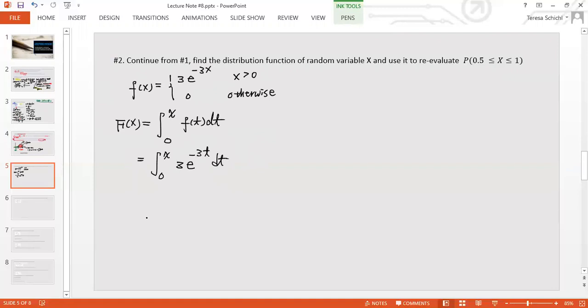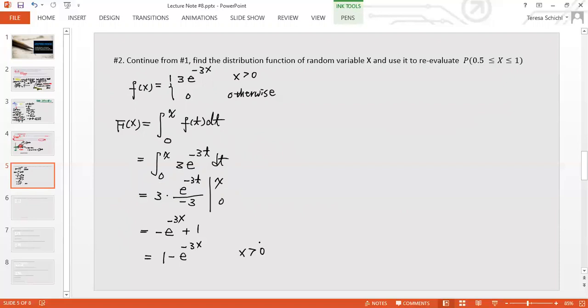Integrating gives negative e to the negative 3t, evaluated from 0 to x. Plug in the upper bound minus the lower bound, you get negative e to the negative 3x plus 1. Basically this is 1 minus e to the negative 3x, for x greater than 0.